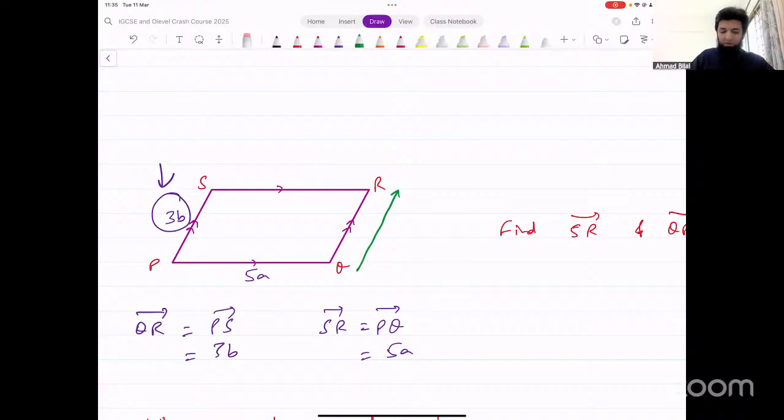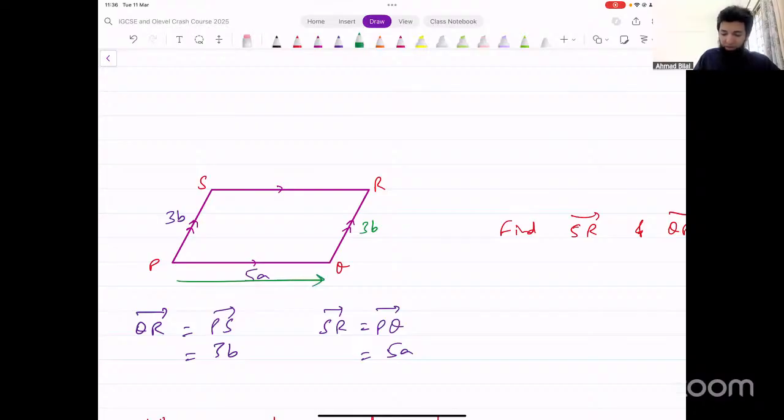Okay, QR is also going to be the same because it is in the same direction, it is parallel, and it also has the same length as that. When two vectors have the same length and the same direction, they are said to be equal to each other. All right. So PS vector, it was 3b. QR has the same length and it has the same direction. We say it would also be 3b.